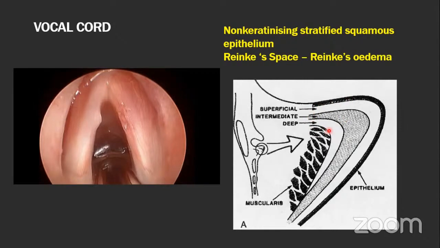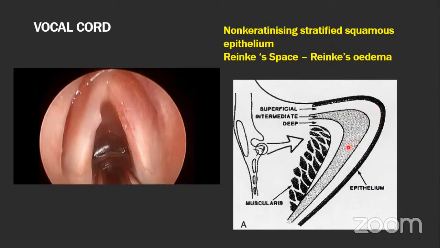Okay. And this superficial layer of lamina propria or submucosa of vocal cord is very loosely arranged. And that is called the Reinke's space. So the superficial layer of this submucosa of the vocal cord is called the Reinke's space.